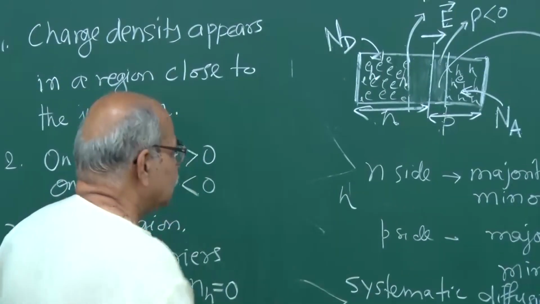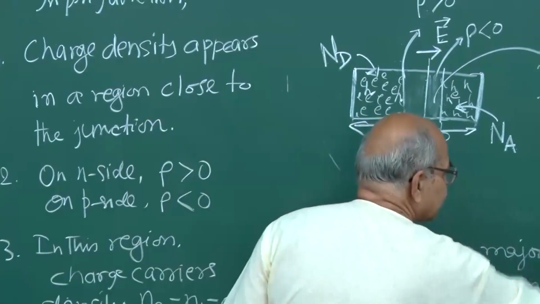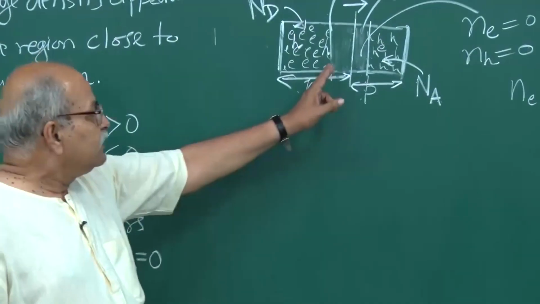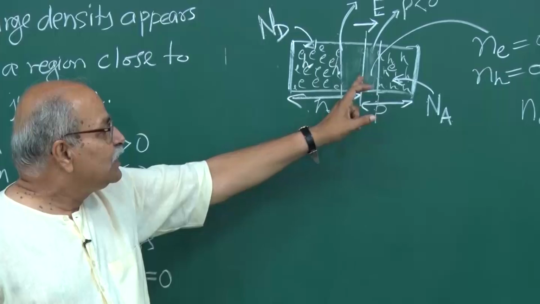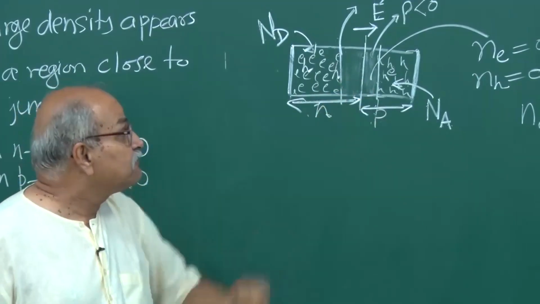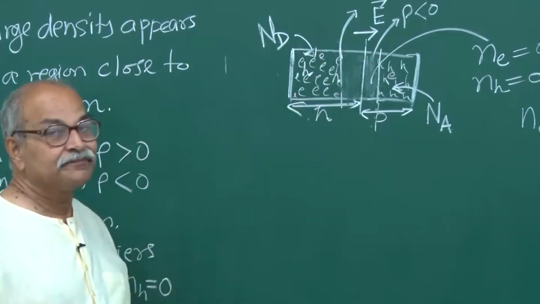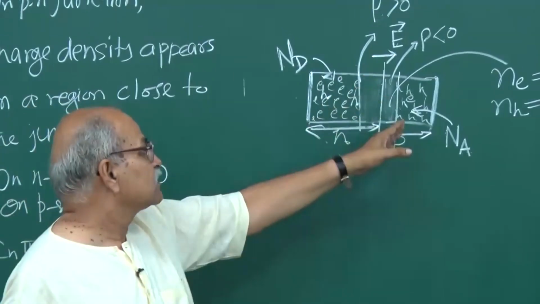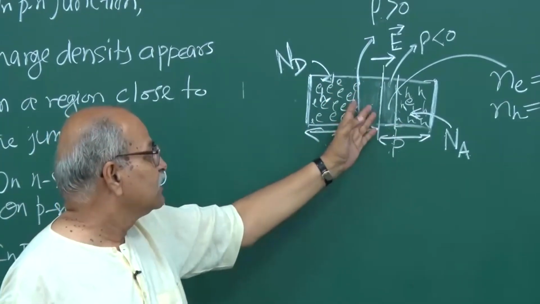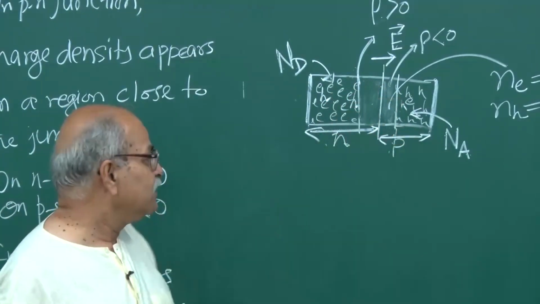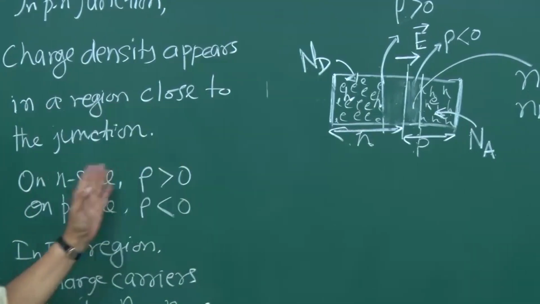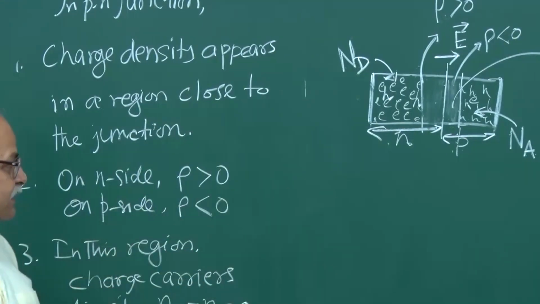Now, in this depletion region, you will have an electric field, because you have positive charges on this side and negative charges on this side; rho is positive here, rho is negative here.